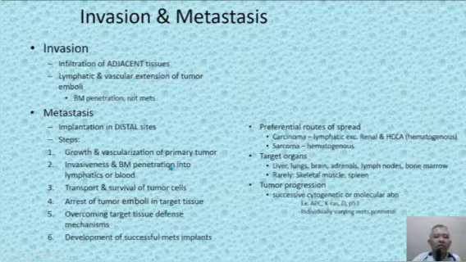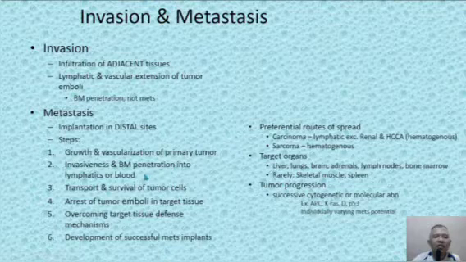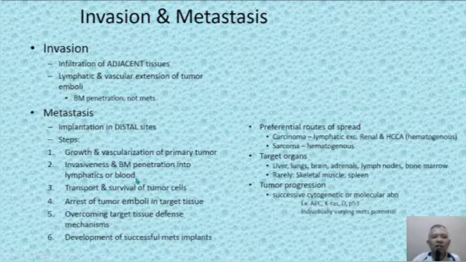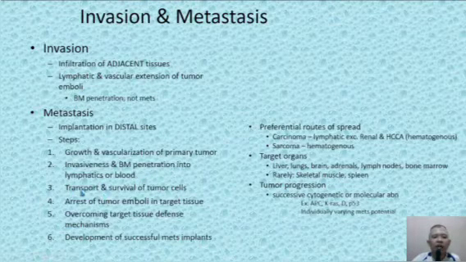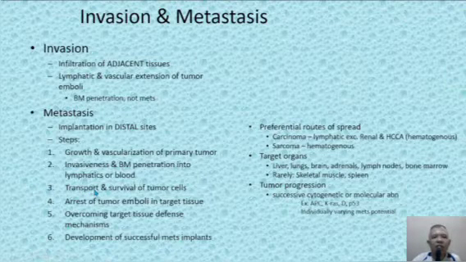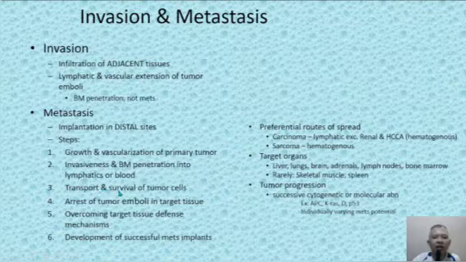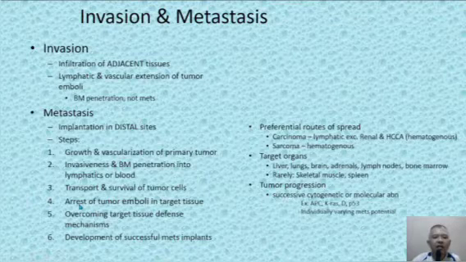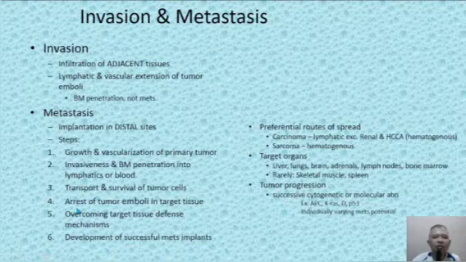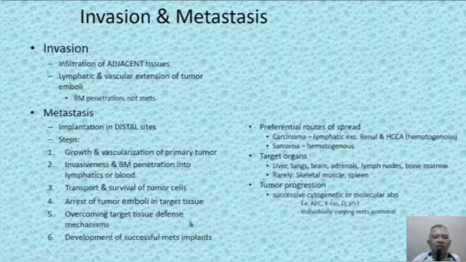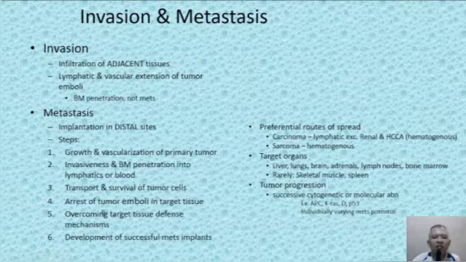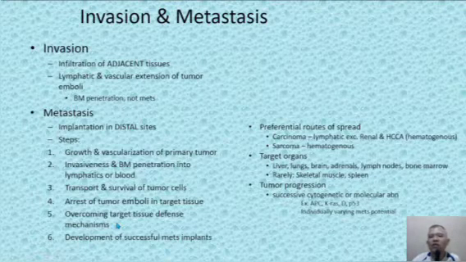It invades the basement membrane and goes into the lymphatics or the blood. It is transported via lymphatics or the blood. And the tumor arrests in the target tissue, overcomes the different immune cells that surround the target tissue, and implantation.